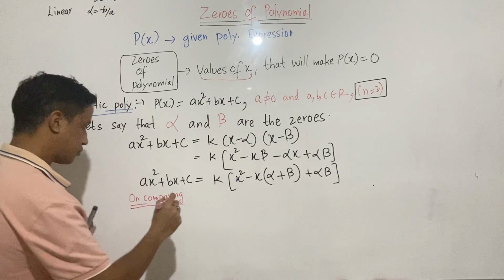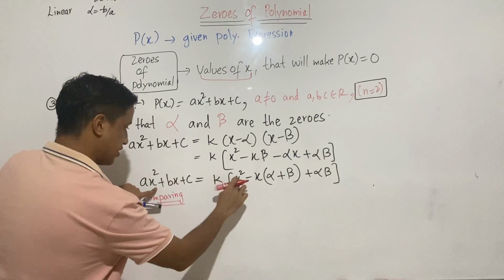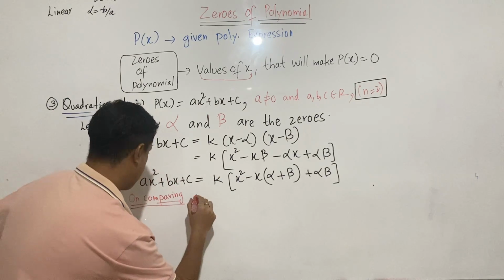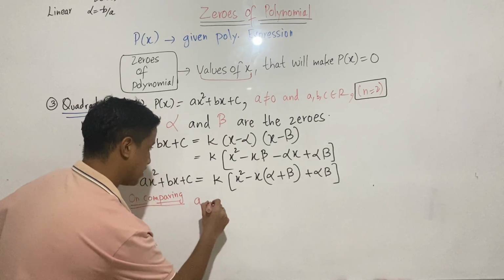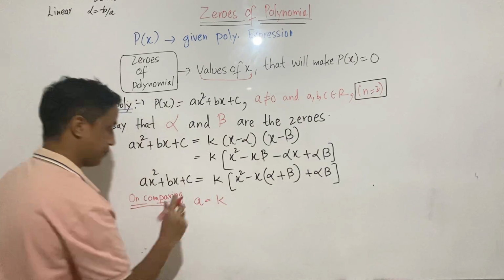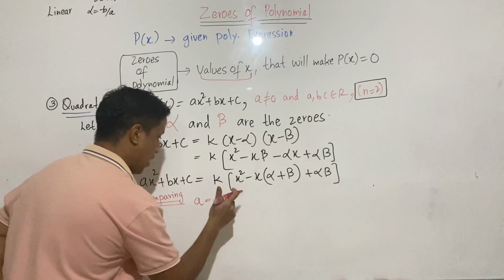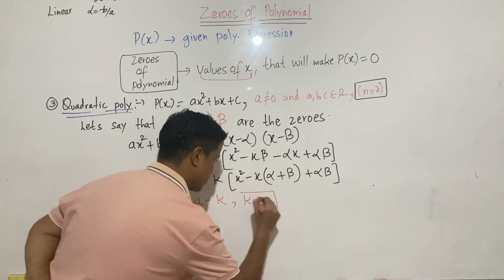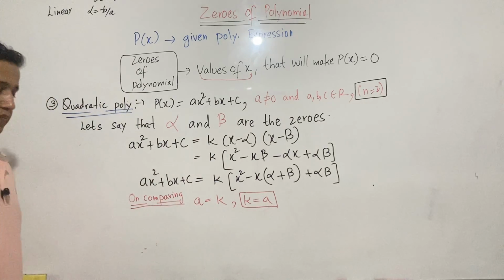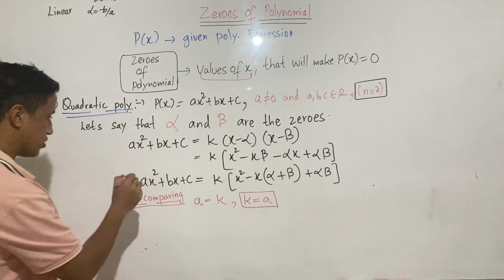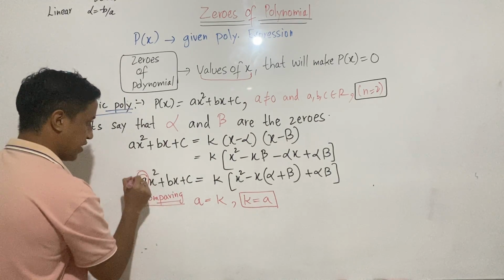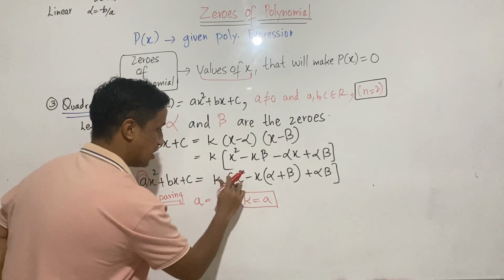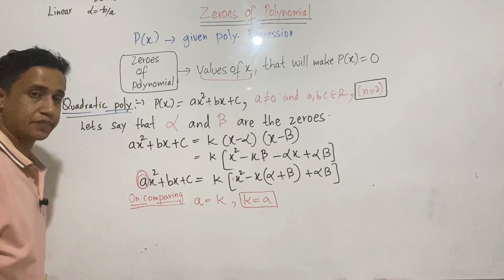The value of a is going to be k, or can I write k will be equal to a? It's the same thing, right? Because here you have a, and here you have 1 multiplied by k, so k.